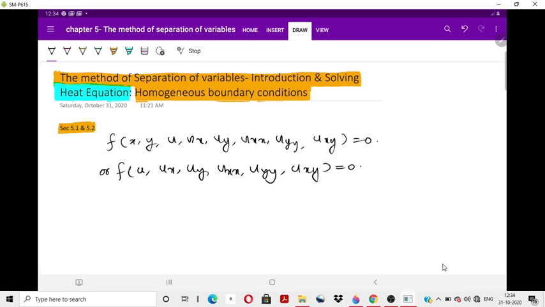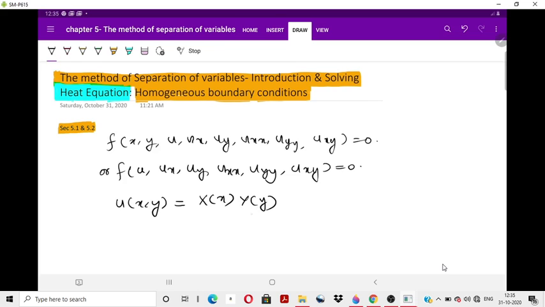Now the method of separation of variables is a method for solving the second order linear PDE, partial differential equations. In this method, the solution is expected in a product form. That means the solution u equal to u of x, y is considered as a function of x into a function of y.